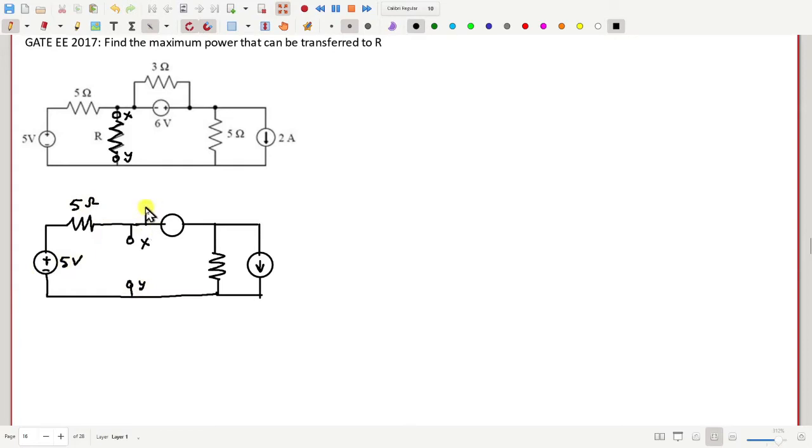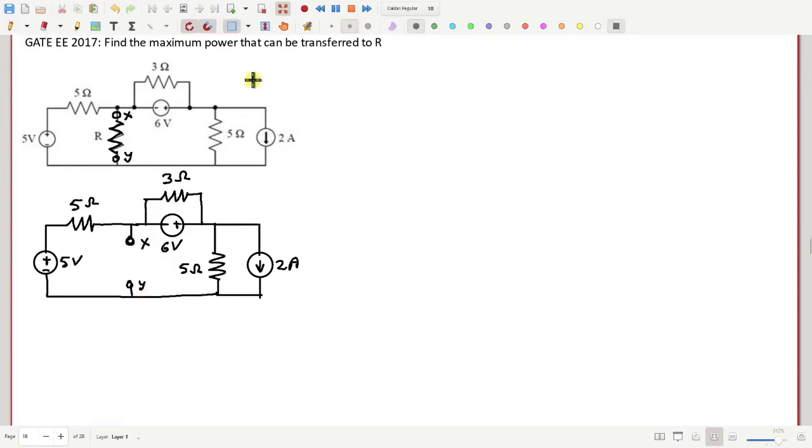Here also there is a 3 ohm, minus plus 6 volt, 2 ampere and 5 ohm. So this is the circuit, and between X and Y we have to find the Thevenin circuit.